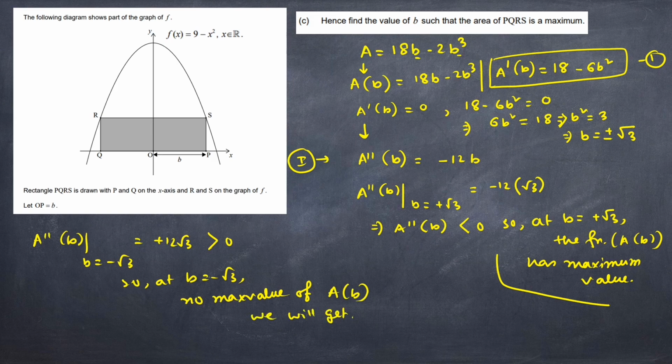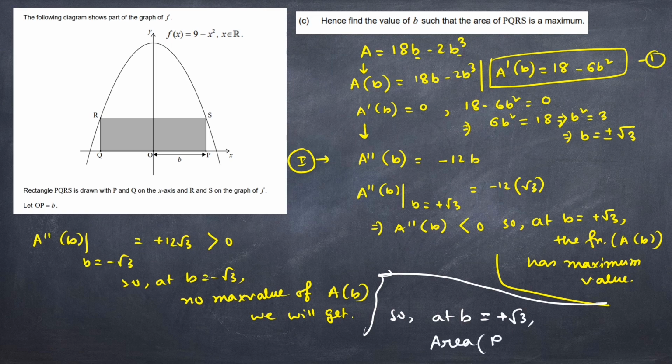So from here we can write the value of B for which the area of PQRS will be maximum is, at B is equal to plus root 3, area of PQRS is maximum.